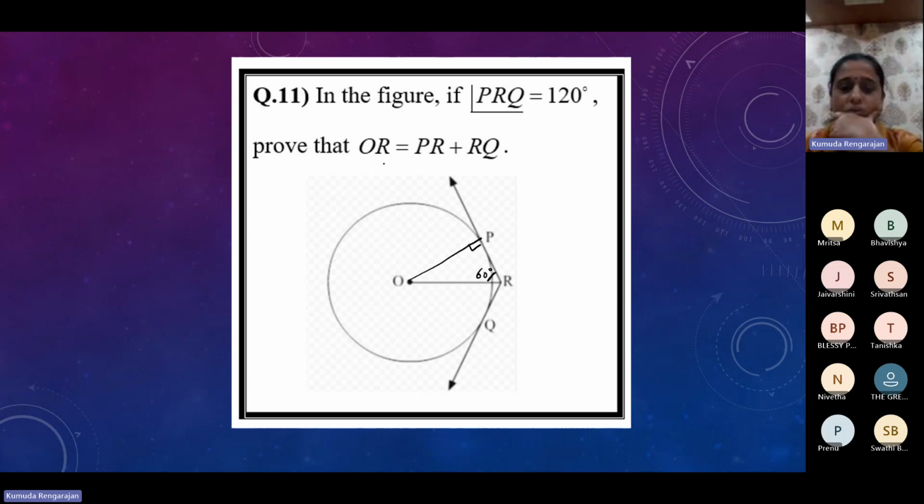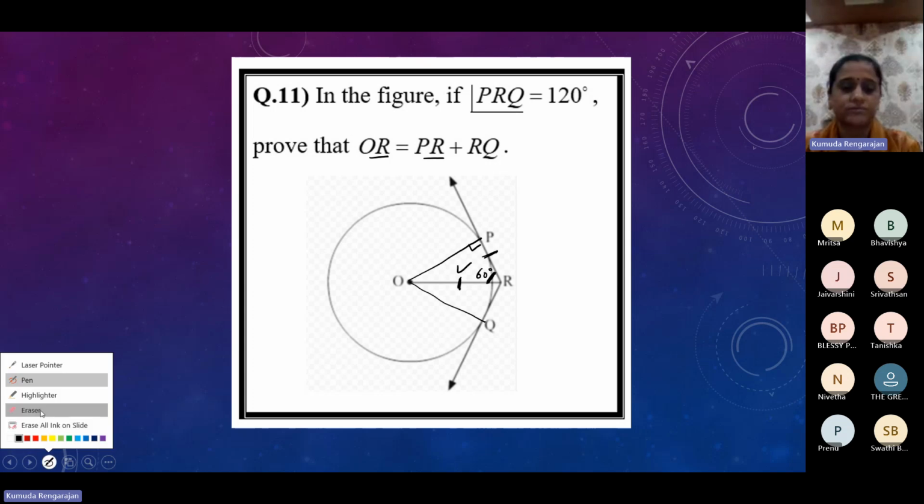The result has OR and PR. RQ is not a part of this triangle. Earlier we joined OQ. We showed that these two triangles are congruent. The whole angle was 120, so 60-60 by CPCT. So we take up this triangle and we connect 60 degrees with this side and this side.